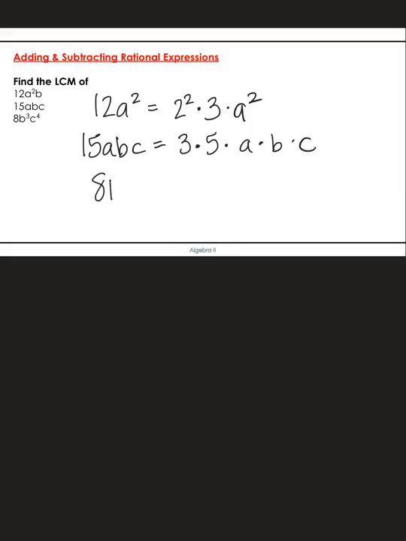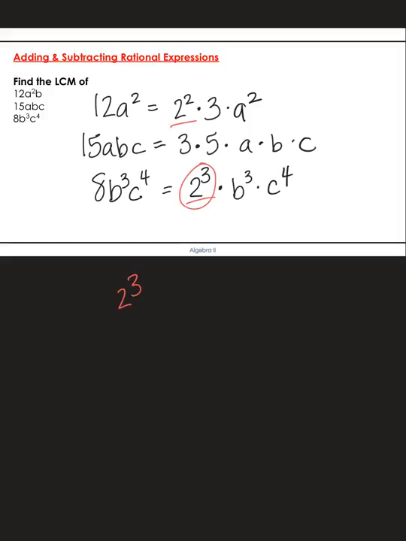And then lastly, 8b cubed c to the fourth. I know 8 is 2 to the third, and then I have times b cubed times c to the fourth. So now I need to look for the highest occurrence of each value. I have 2 squared and 2 to the third, so the highest occurrence of 2 is going to be 2 to the third.